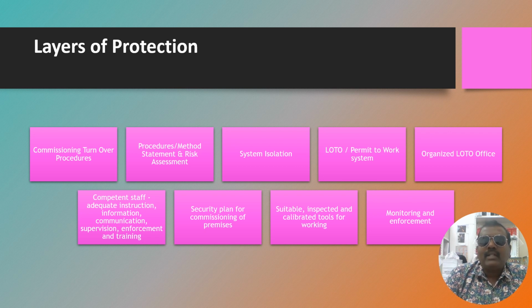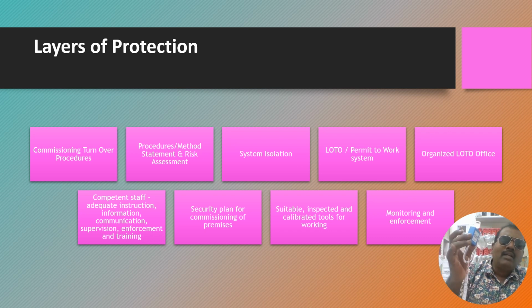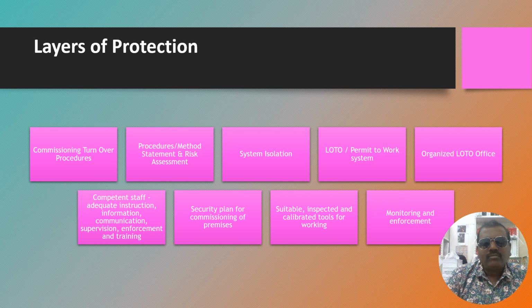While they obtain the work permit, the LOTO department, which is assigned by the commissioning manager in the project, will physically go to the site, rack out the breaker and provide the padlock, maybe another color padlock or another color tag to identify.